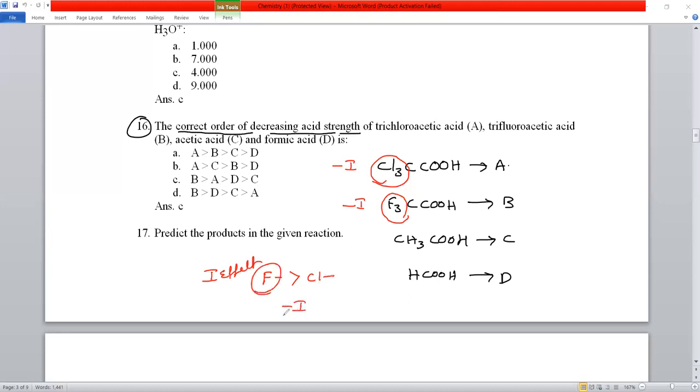Minus I effect is directly proportional to the acidic nature, and plus I is inversely proportional to the acidic nature. So which case is more? B is more here, more withdrawing, and then later A. And in acetic acid and formic acid, here there is a donating group, plus I, and in formic acid there is no donating group, so D should be greater than C. BADC. Option C is the correct one, students.